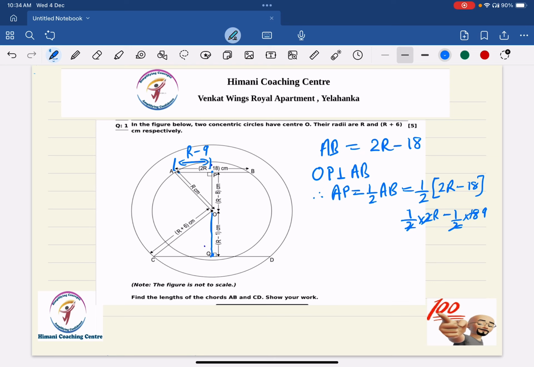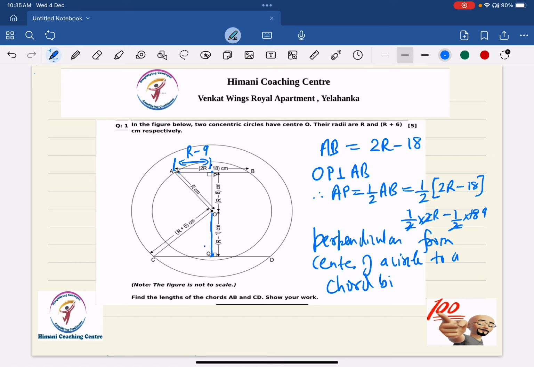Again, you will have to write the statement that perpendicular from center of a circle to a chord bisects the chord.